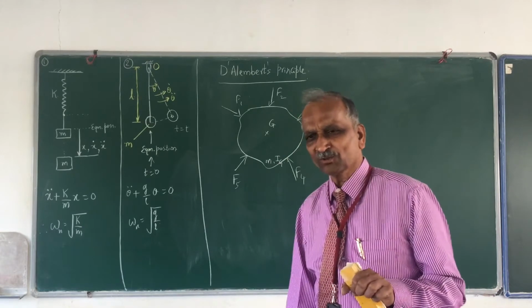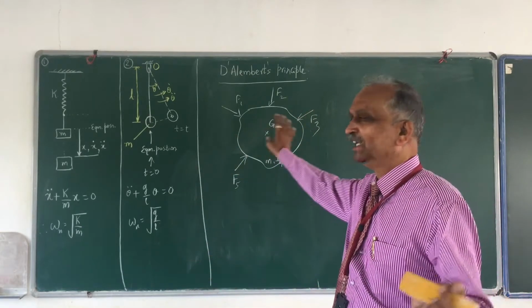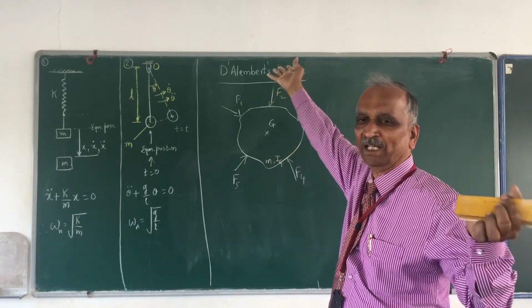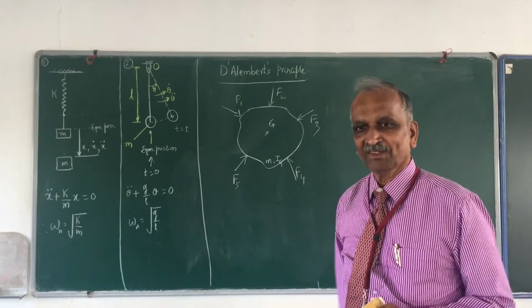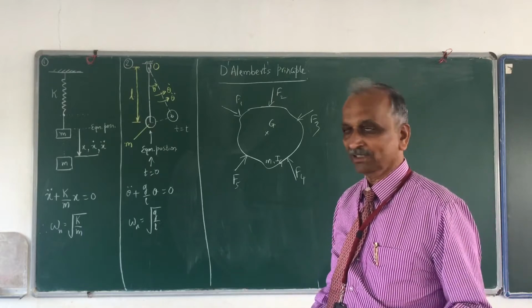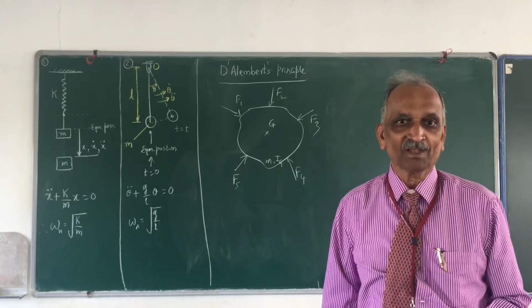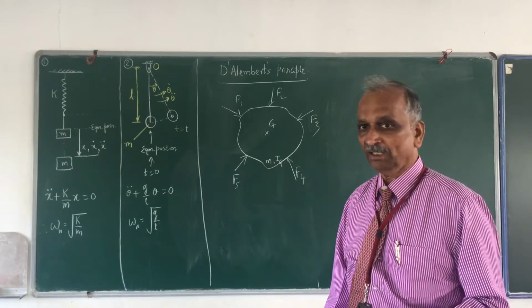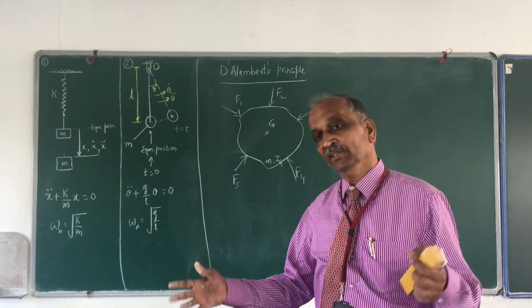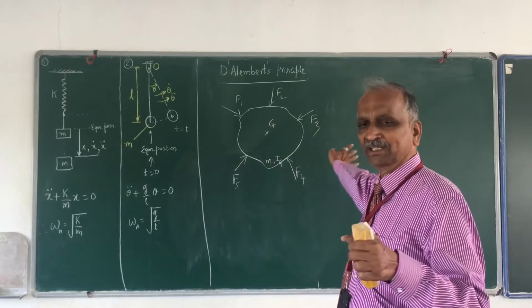I don't want that. I assume that if it is in equilibrium condition, there is no question of applying D'Alembert's principle. The second possibility: the body is in motion. When the body is in motion, it is planar only.